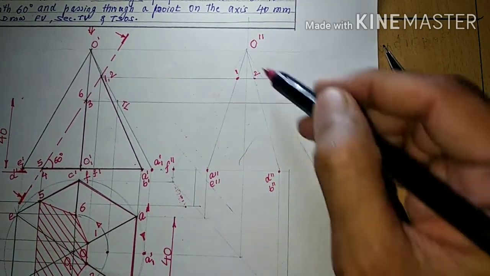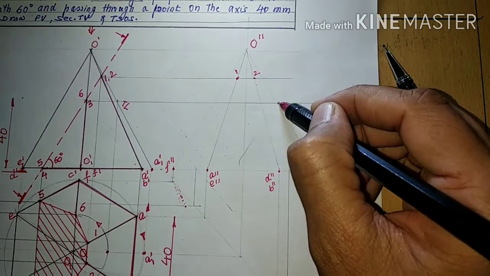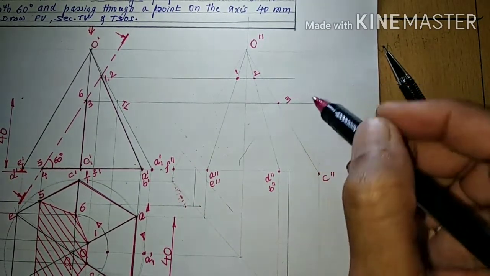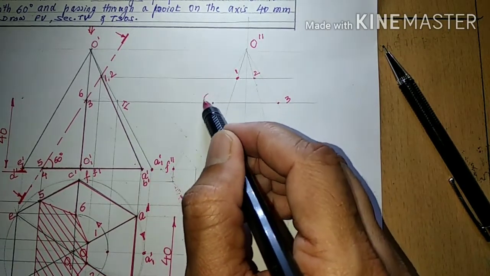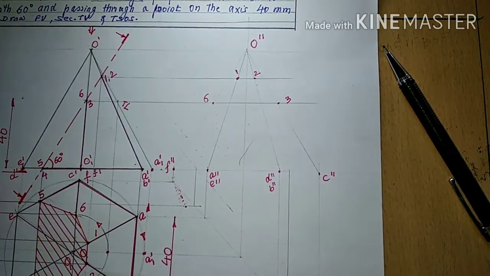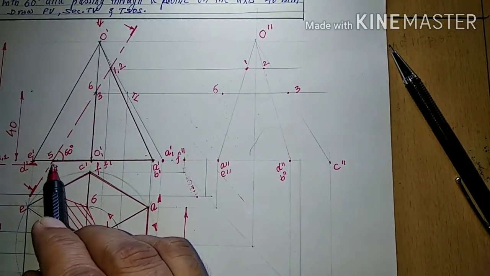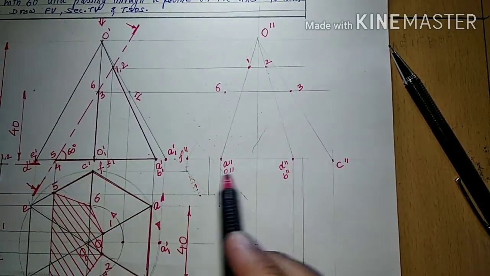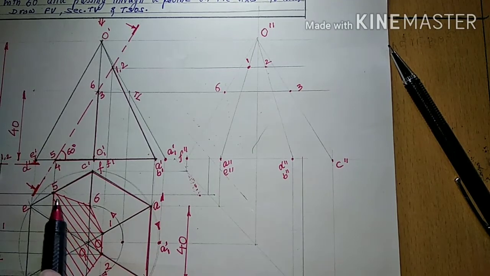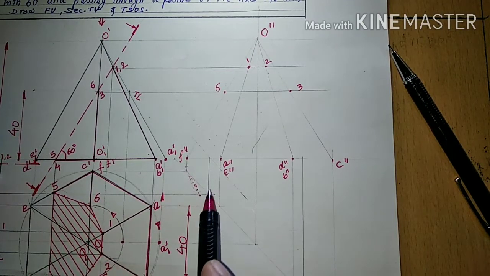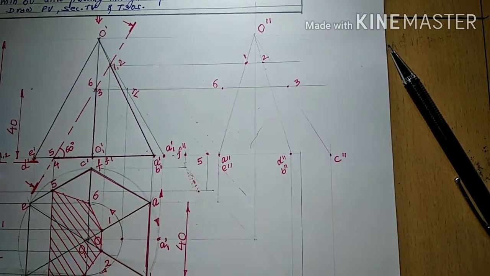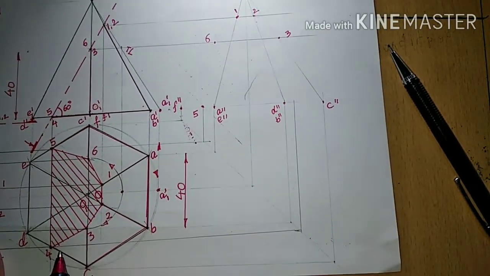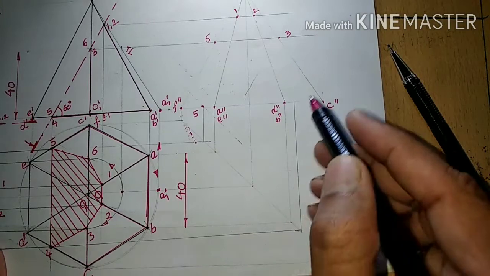This is C. So on OC we'll get 3. And on OF we'll get 6. Then 5 and 4 will come on this base, but we have taken them from the top view from the true length. So 5 and 4 we have taken here in this direction, 4.